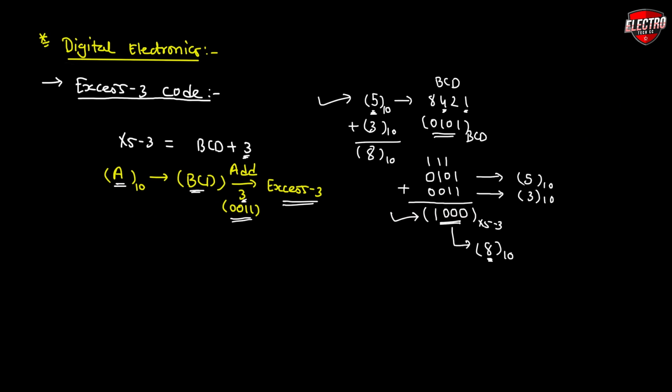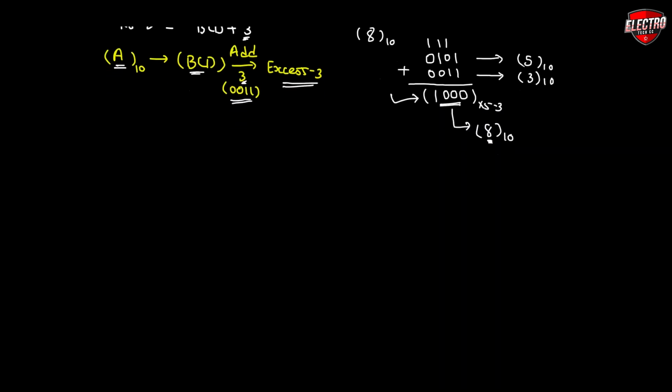Now let us make a table of a decimal number to Excess-3 code. First one, that is the decimal number. Now if you want to convert this decimal number into Excess-3 code, first step, convert into a BCD number and then add 3 to the BCD number, then we get Excess-3 code.